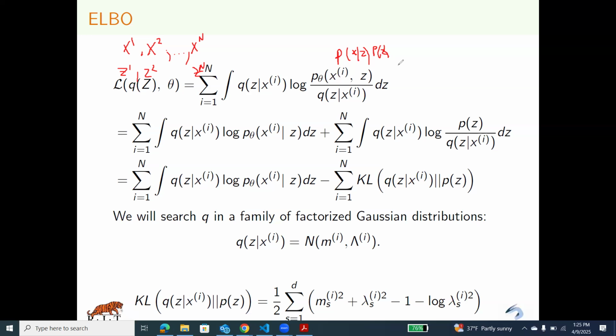So if you think about this probability as a normal distribution, then take the log of the exponent; the normal distribution has a formula.